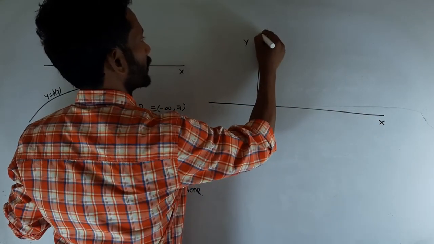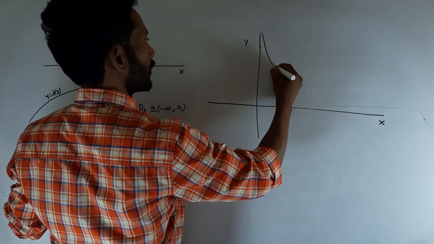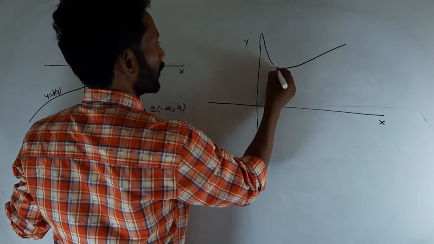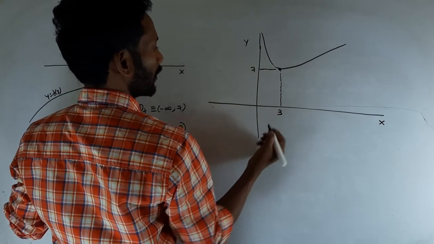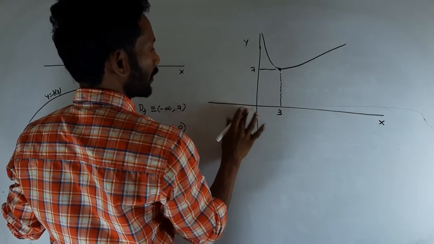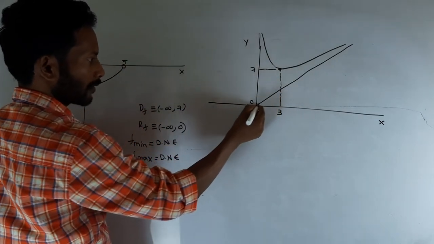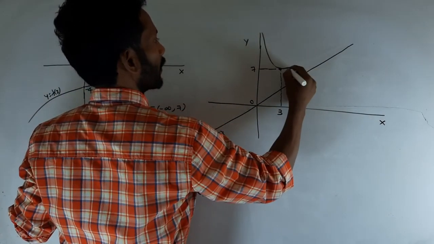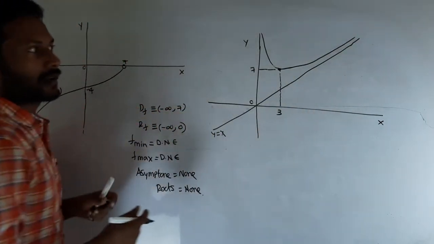X-axis, y-axis. Y equal to x. This is a graph.